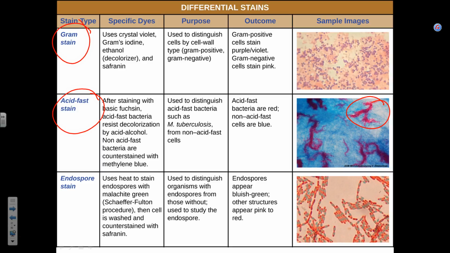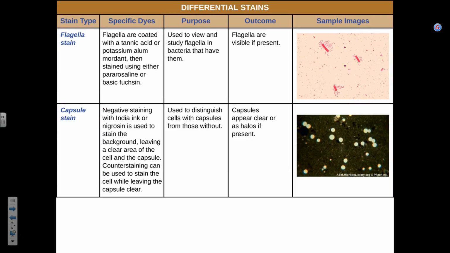You have stains that allow you to identify intracellular structures like endospores. That's a big group of bacteria. They can form them. Endospores are the structures that help cells survive through rough times, mostly through desiccation, through dry conditions.